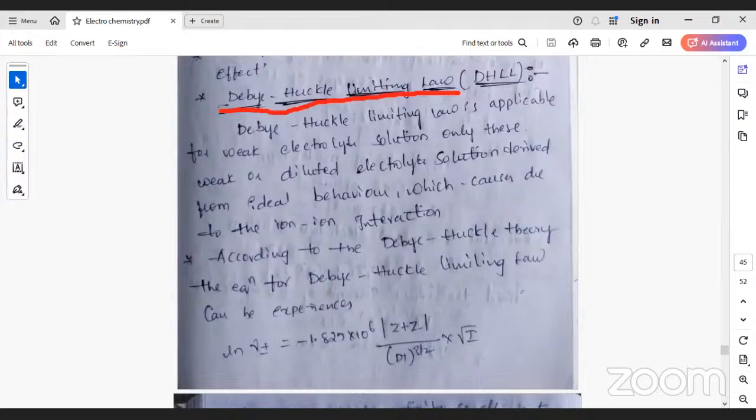They explained the asymmetric effect and the electrophoretic effect, and with the help of those two concepts, Debye and Huckel derived one equation, the Debye-Huckel limiting law. What is the Debye-Huckel limiting law and how it is applicable for electrolyte solutions, that we'll see.